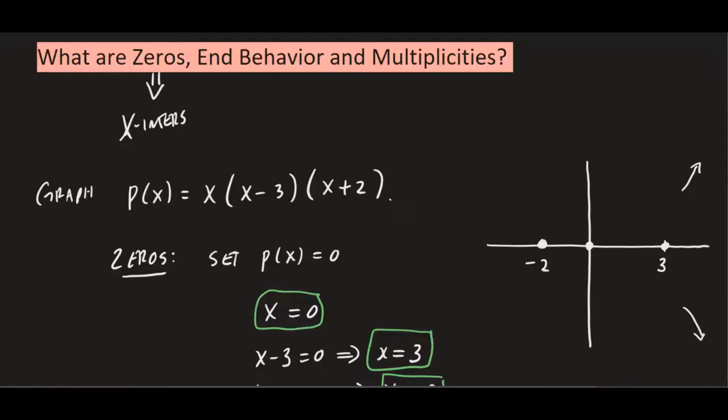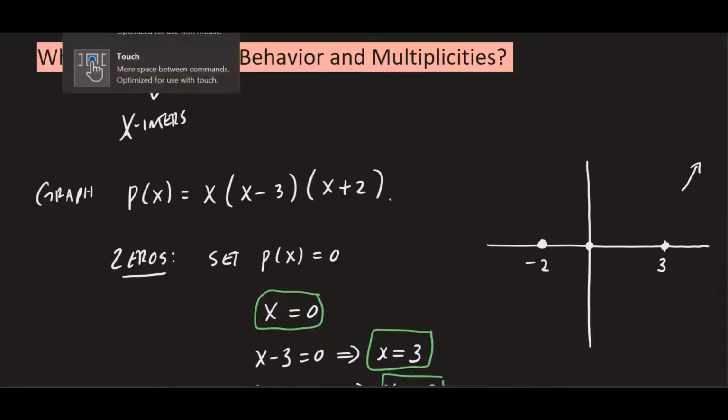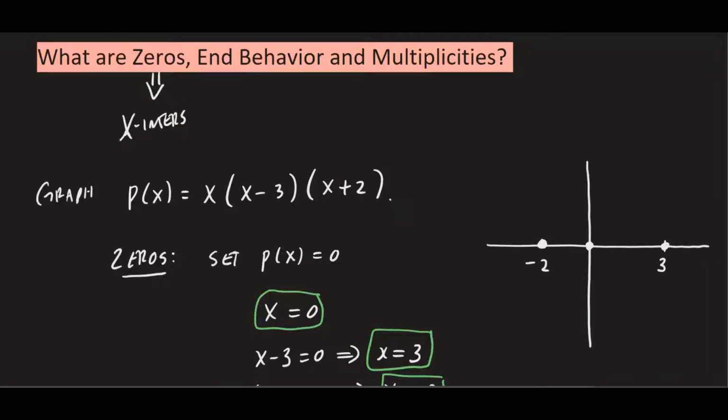And then at the negative 2 side, it can also go down or go up. Now, how do we know which one to pick out of the 4 choices? Well, here's the thing. We're going to look at the degree of this polynomial, meaning what's the highest power. So if you were to expand this polynomial, just the first terms, you don't need to expand all of them. So multiply this times that, so you get x cubed.